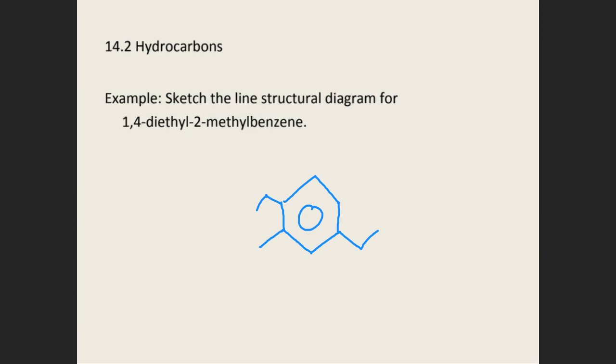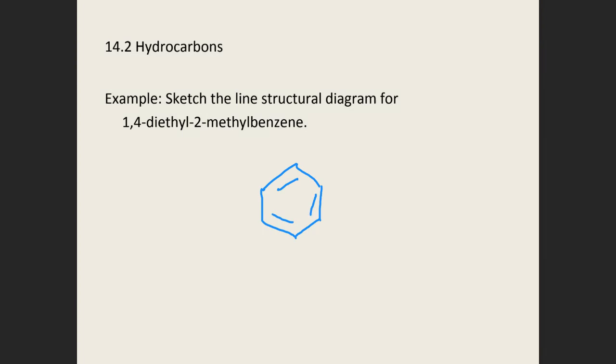Let's do one more way, okay? Just because I want to. Okay, here goes. First, I'm going to start with the benzene, and I think I'm going to go with the double bonds, just to be different. I'm going to show the carbons and hydrogens for the branches. All right. So, okay, the diethyl, that is a carbon, 2 hydrogens, and 3 hydrogens from the second carbon.